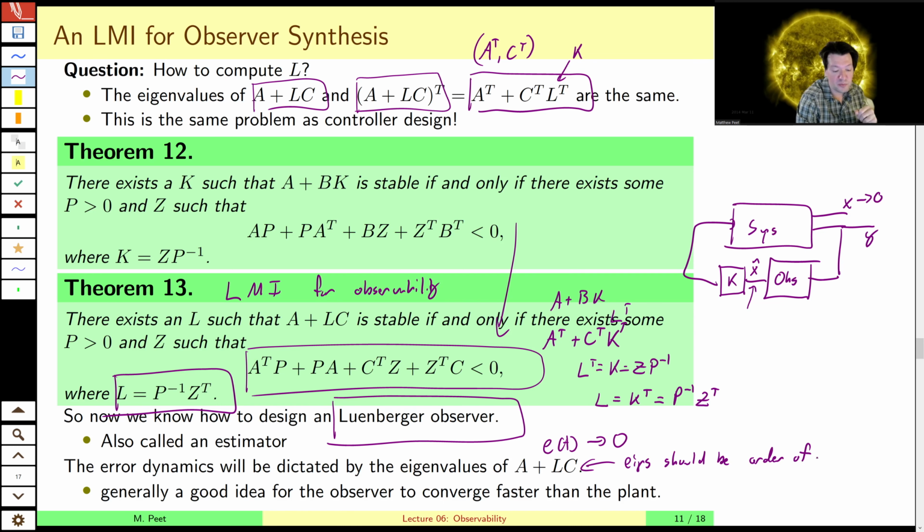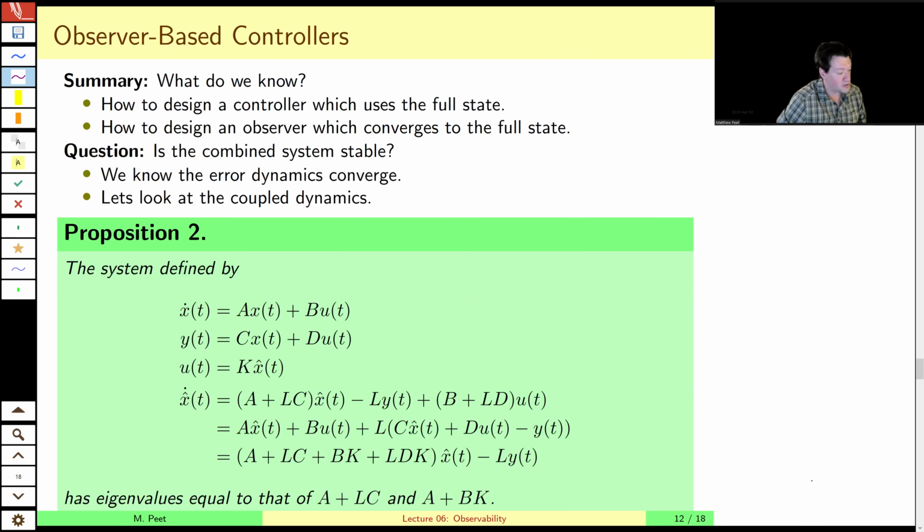An order of magnitude more negative than those of A plus BK, say. Technically, we don't need that for stability in closed loop, as we'll see on the previous slide.